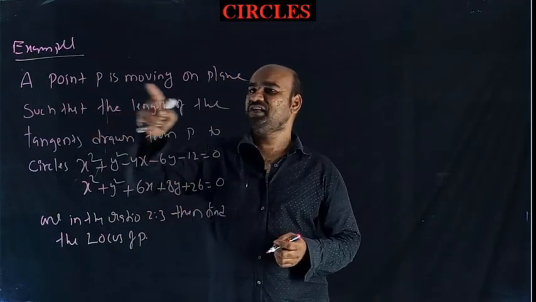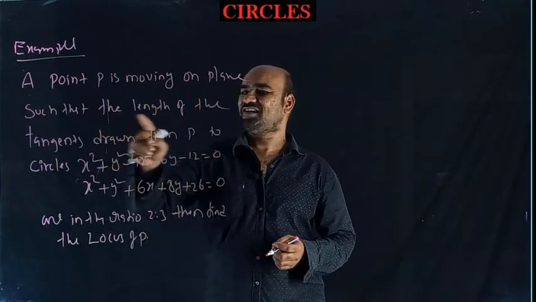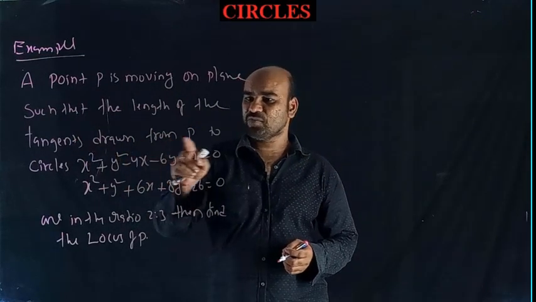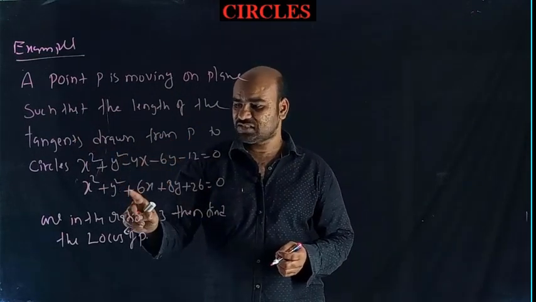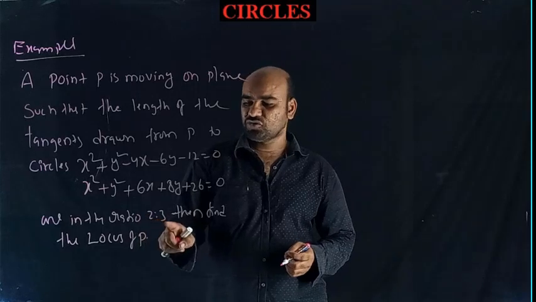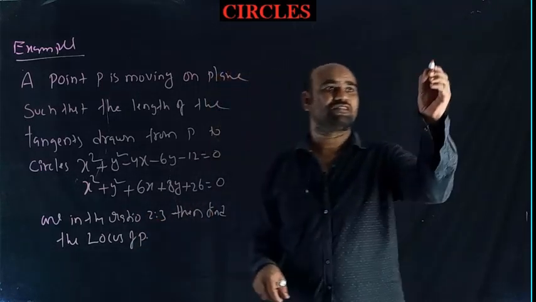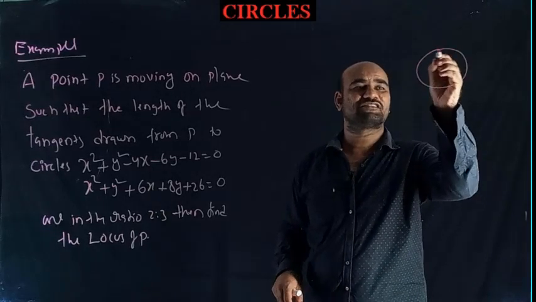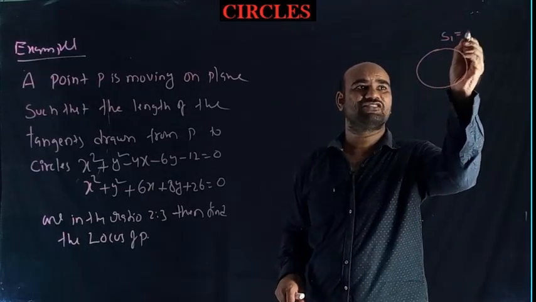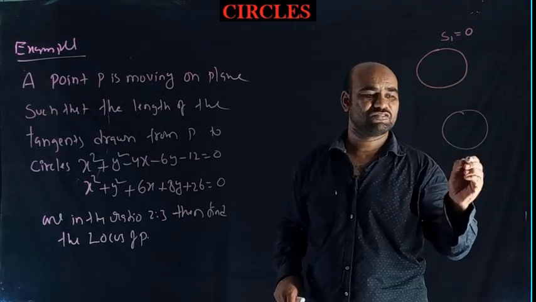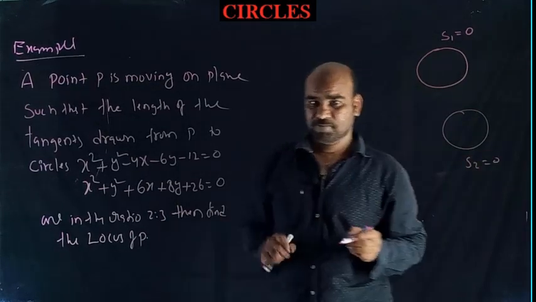A point P is moving on the plane such that the lengths of the tangents drawn from P to these two circles are in the ratio of 2:3, then find the locus of P. Observe here, two circle equations are given. Say this is S1 equal to 0 and this is S2 equal to 0. Two different circles here.